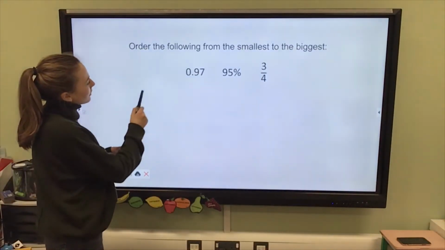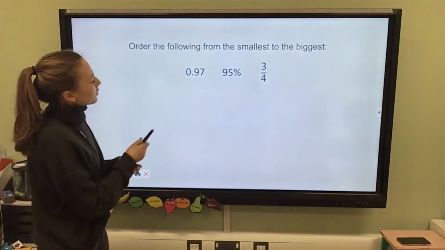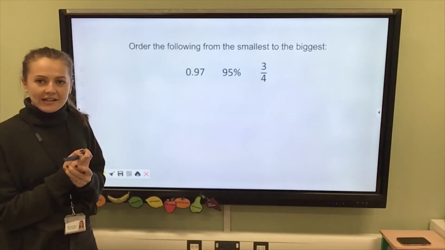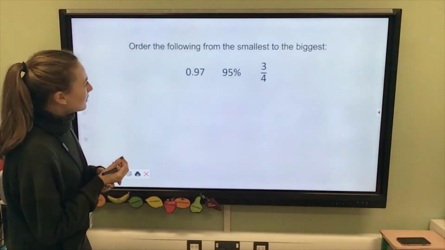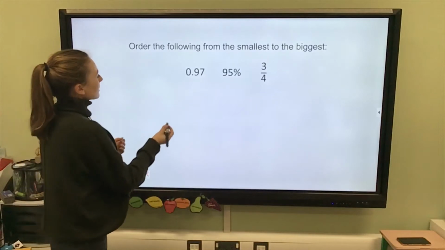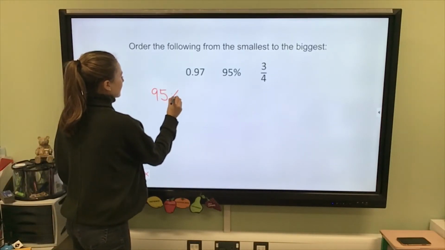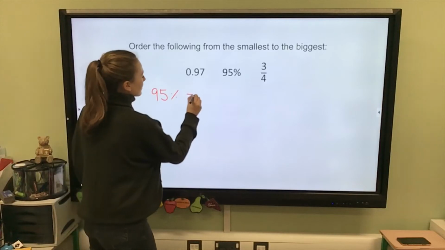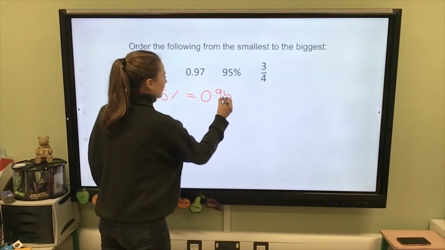Okay, so 0.97 is already a decimal, but what about 95%? What would that be as a decimal? Okay, so I know that 1 whole is equivalent to 100%, so 95% as a decimal I know is equivalent to 0.95.